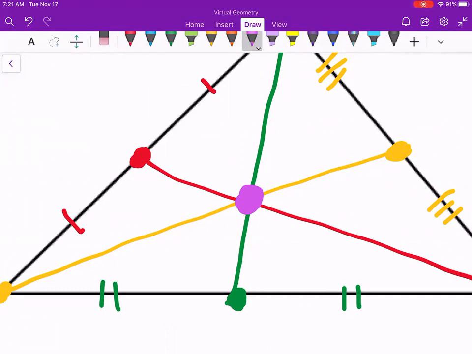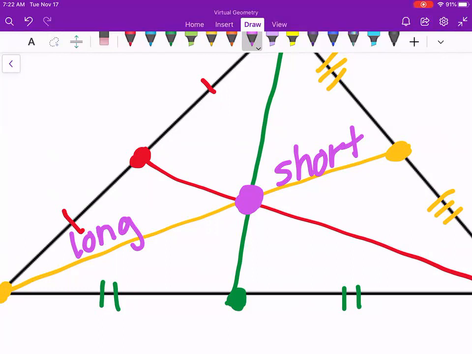The piece of the segment that connects to this side is shorter. And the other side of that segment is longer. So the median is being cut into a short part and a long part. And that's the same for all three of those segments by that centroid.